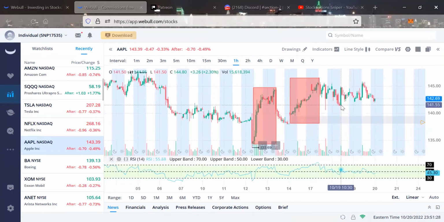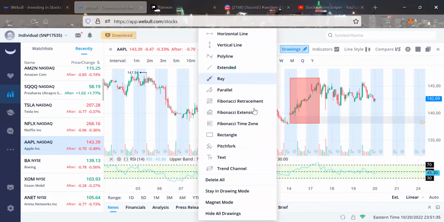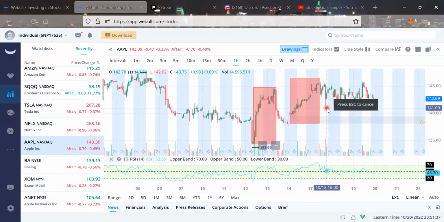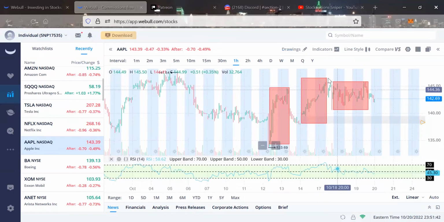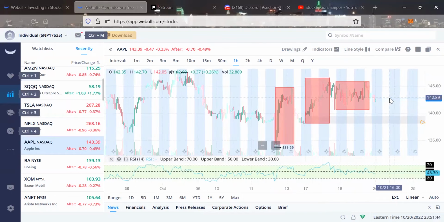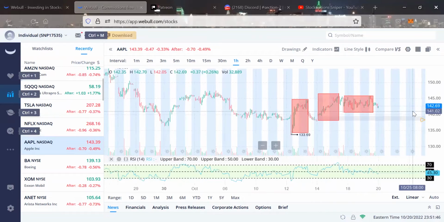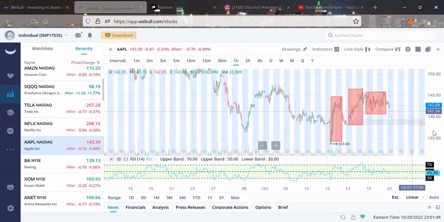So from this structure low all the way to this high, right? Or I like to use this low, this low all the way to this high, that green high, right? So did we break above? No. So therefore, we are still considered bearish, okay?